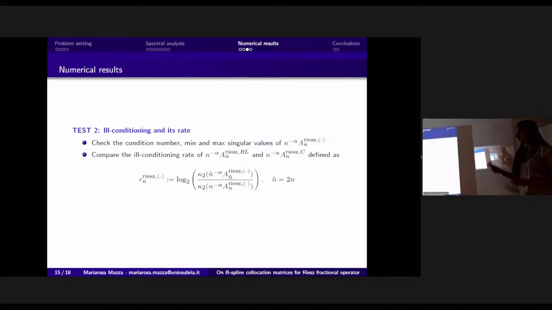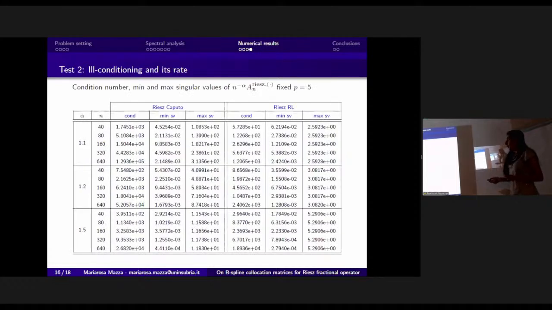Okay, final test. Here I'm checking the condition number, the minimum and the maximum singular values of our matrices, both in Riemann-Liouville and Caputo sets. And then we look also at the ill-conditioning rate of the two to check our theoretical results. Okay, as you see in this table, and as expected, in case of Caputo matrices, the condition number is always greater than for the Riemann-Liouville case.